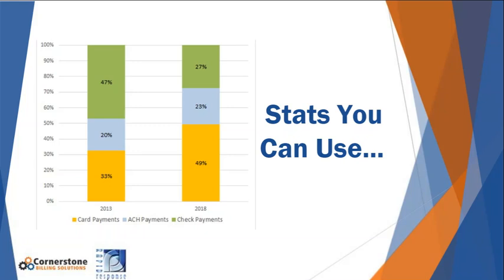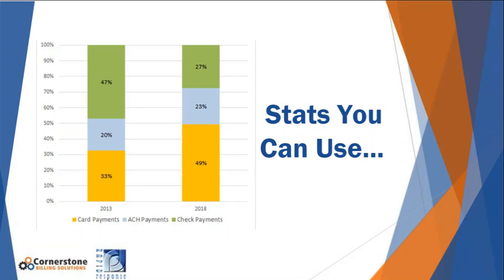And the right bar chart is the first 6 months of 2018. What I want you to notice is the 47% 5 years ago, that represents payments by check.